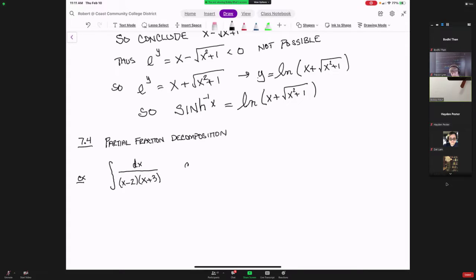The question here is, can we find numbers a and b, which are just going to be numbers, such that 1 over x minus 2 times x plus 3 equals a over x minus 2 plus b over x plus 3, like so.